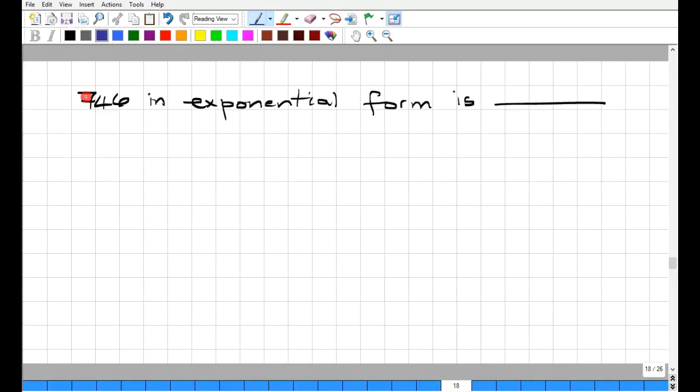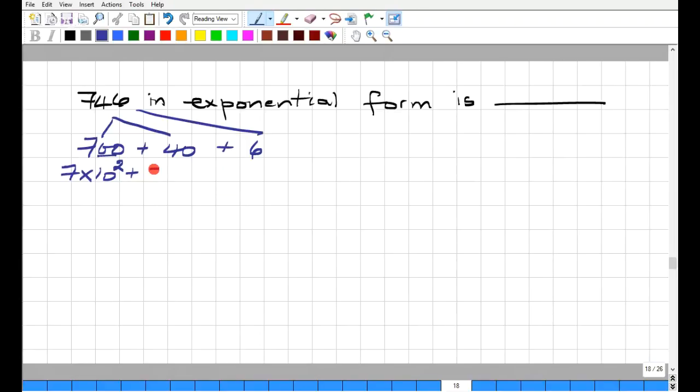What is 746 in exponential form? So let's break this 700 first into expanded form. 700 plus 40 plus 6. 700, this would be 7 times 10 to the second power. Notice the number of zeros, 2 zeros. Okay.